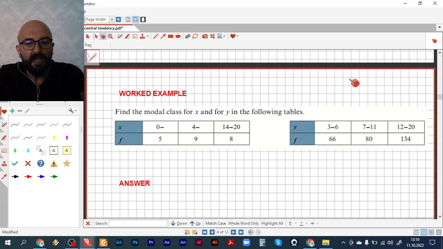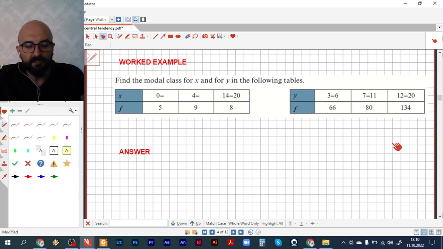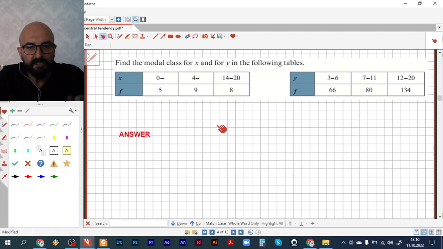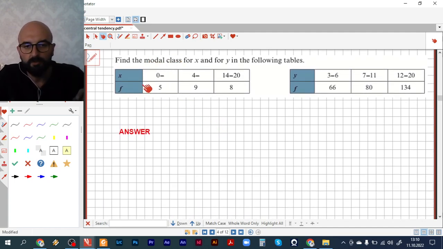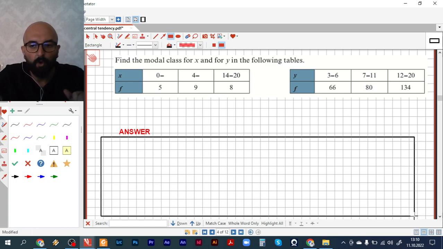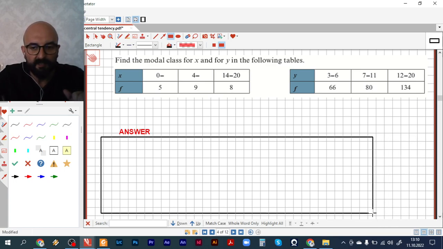Now we have one more example about mode and modal class. Find the modal class for x and for y in the following table. Okay, now we should arrange the given table.